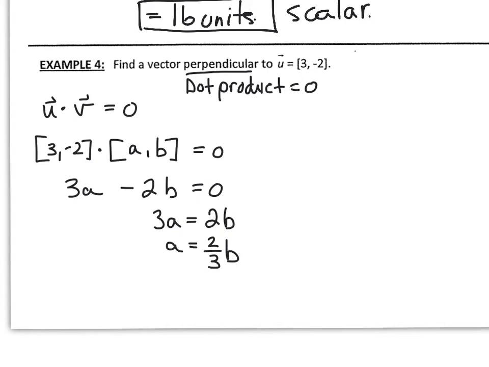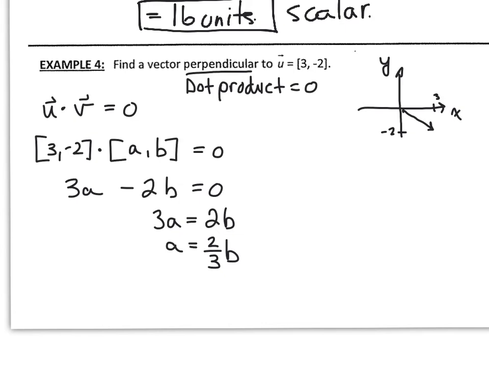Okay, so one thing I want to make clear here, if I have the vector u, so if we do a diagram here, just so you understand why we can pick any value here, we can have so many different vectors. So (3, -2), 3 on the x, -2 on the y, so it's down here somewhere. Let's call that 3, let's call that -2.